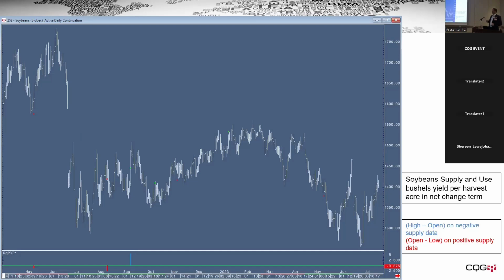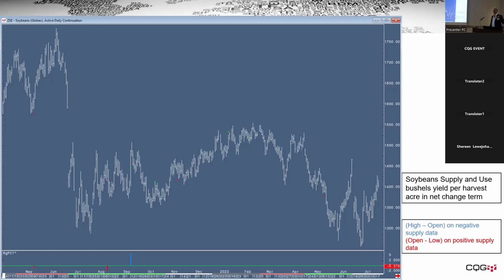And when the data is negative, how much pressure does it create on price historically? And you average this out over the last 30 years, and we're trying to put this onto a chart. We're applying this average onto the opening price of the day to try and find out how much it's going to move.